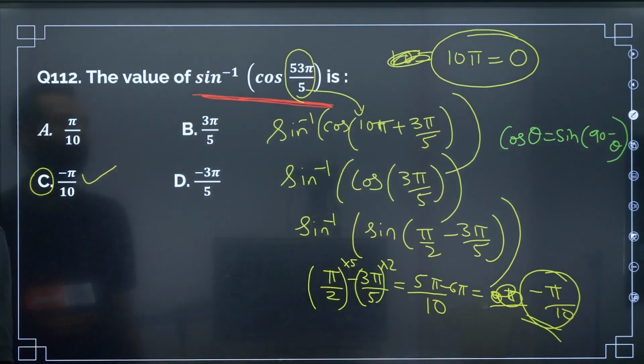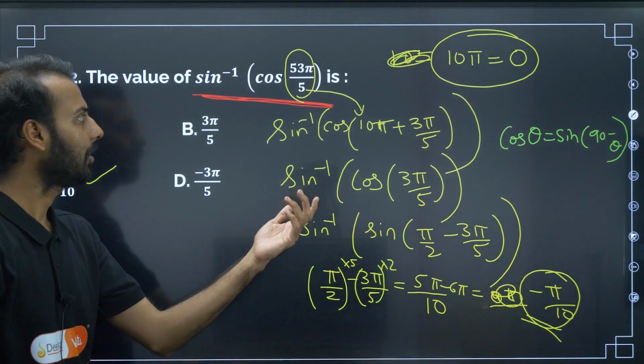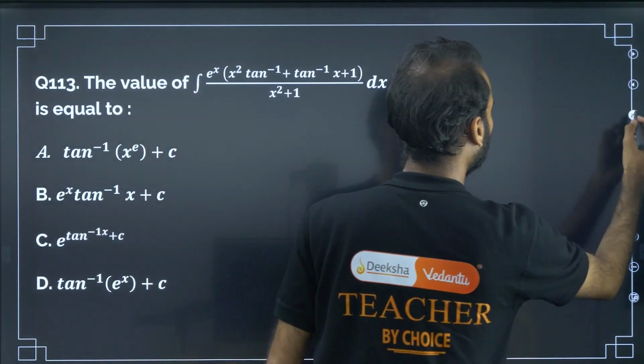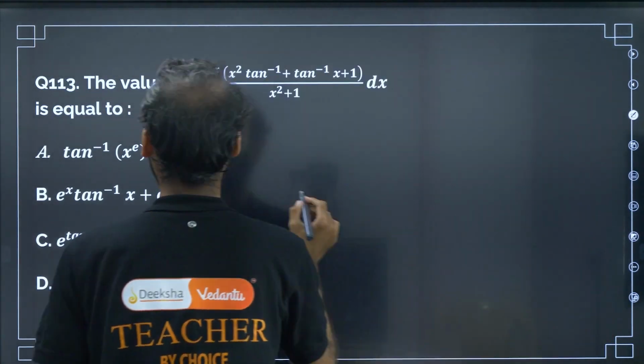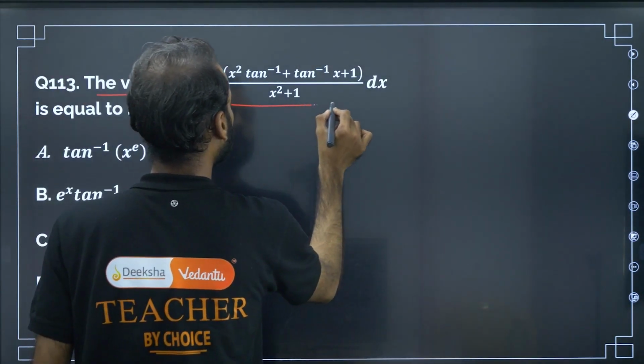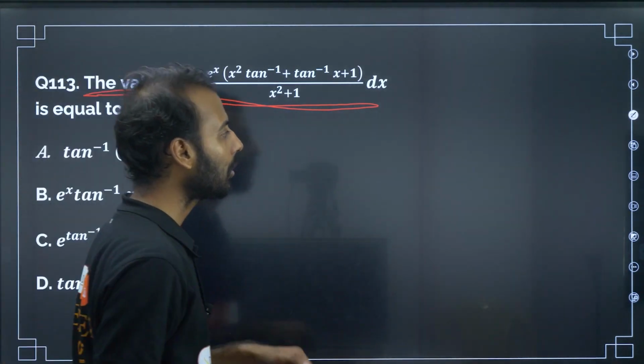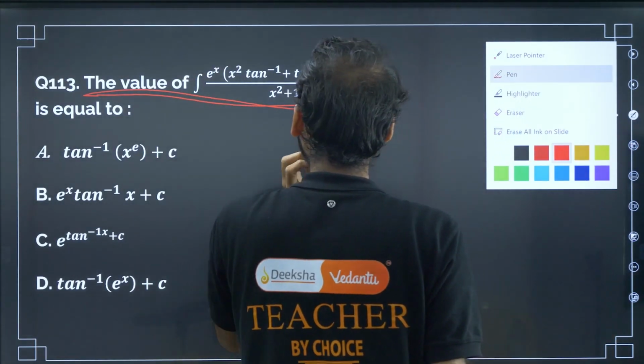Moving on to next question. Very easy question. Hardly this will take 40 seconds to solve. Next question. See here this question. The value of integral of e raised to x, what is this equal to, they are asking. Now see here, one thing you should be knowing.